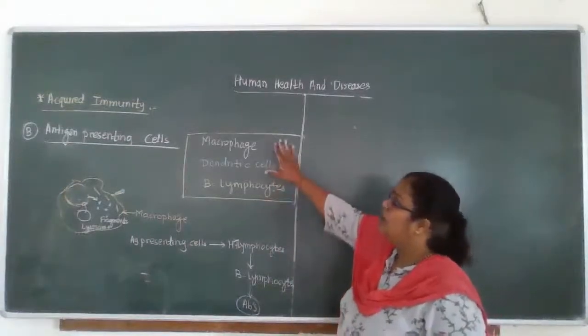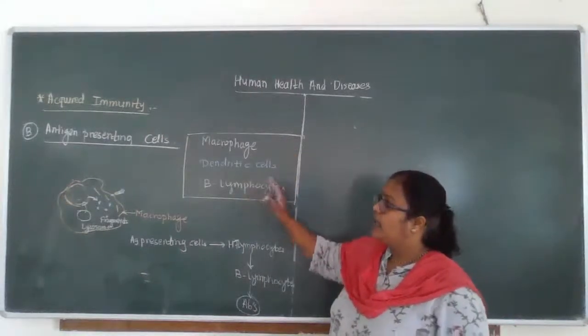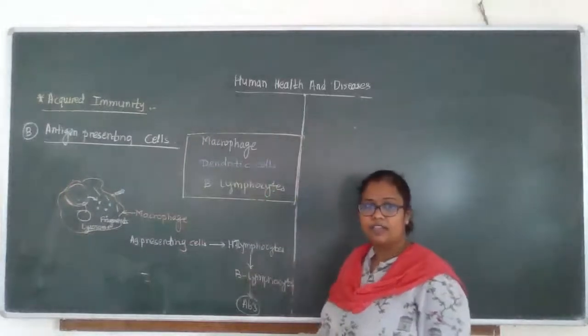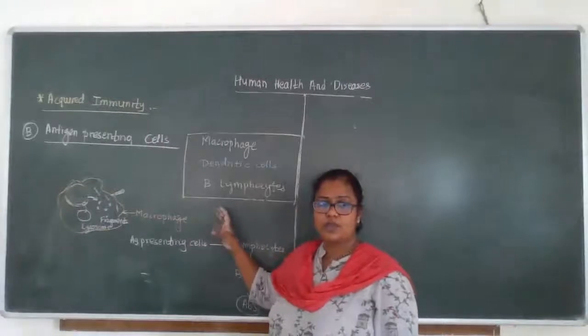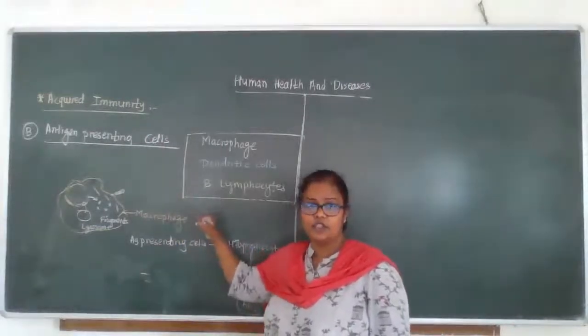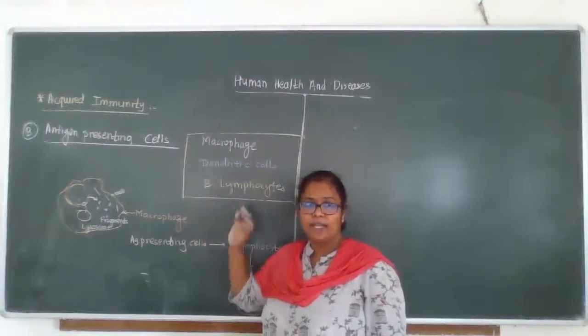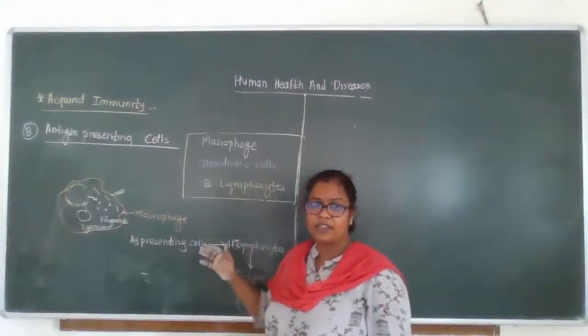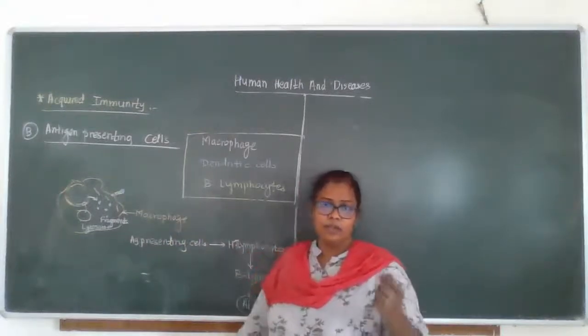So majorly the macrophages, dendritic cells, and B lymphocytes work as antigen presenting cells. And how it works: our macrophage cells phagocytose that antigen, destroy it inside, and break it into small fragments. Then these fragments along with the protein come on the surface and bind to it.